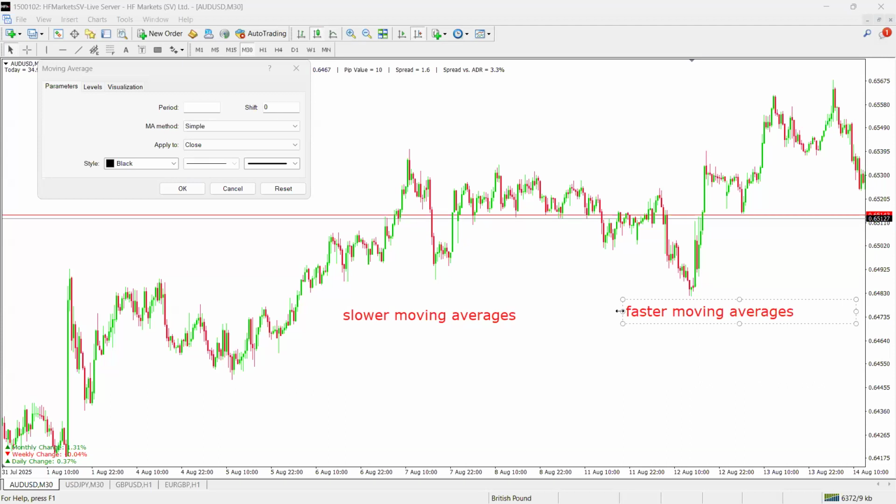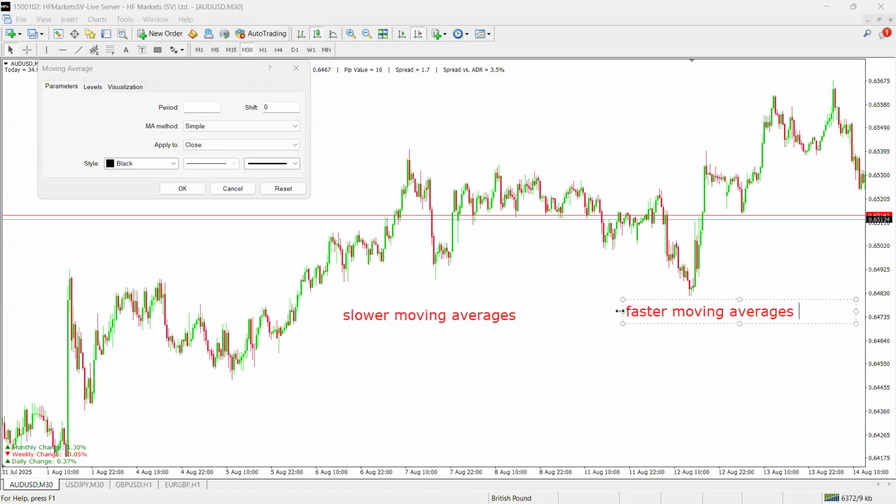Okay? There are slower moving averages, and there are faster ones. What we mean by that is that there are moving averages that naturally react quickly to prices.